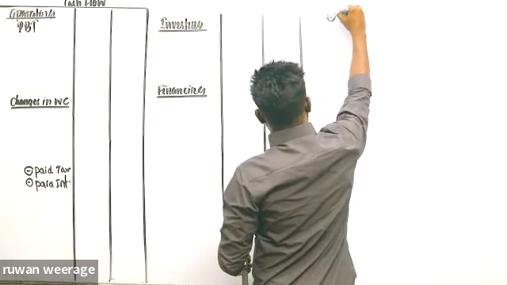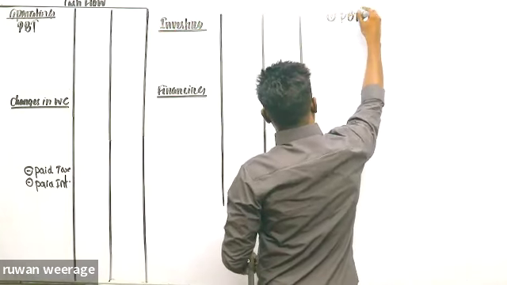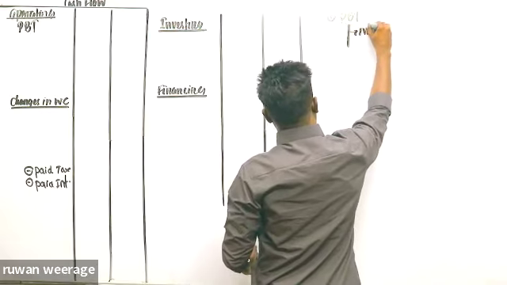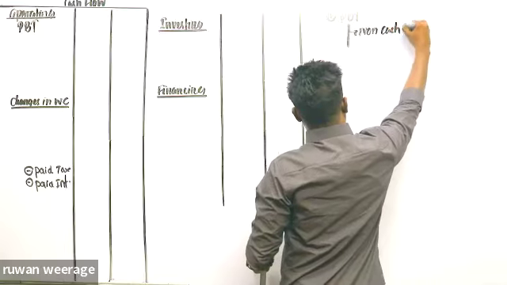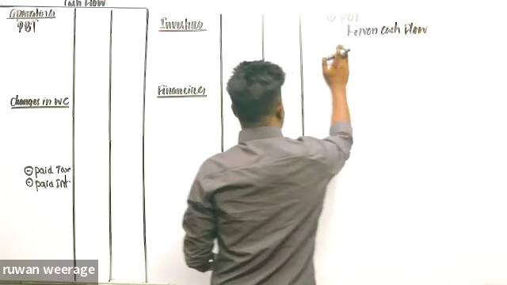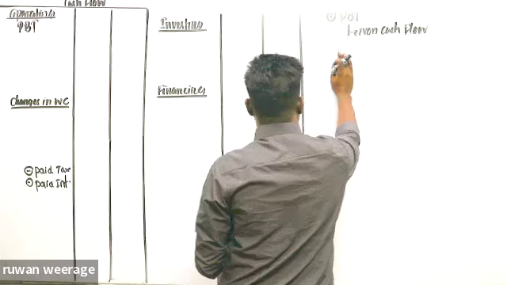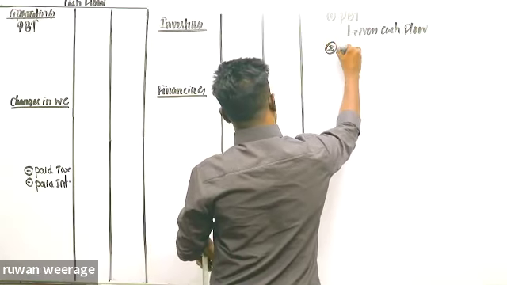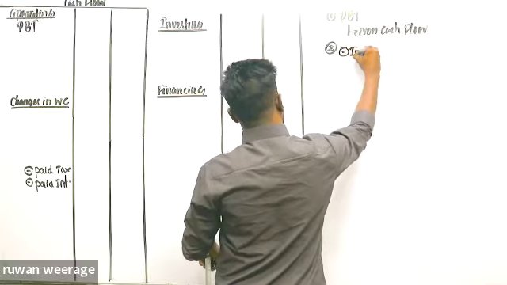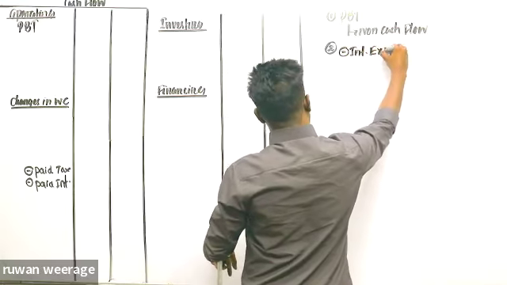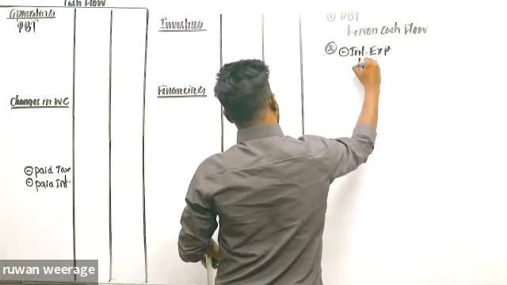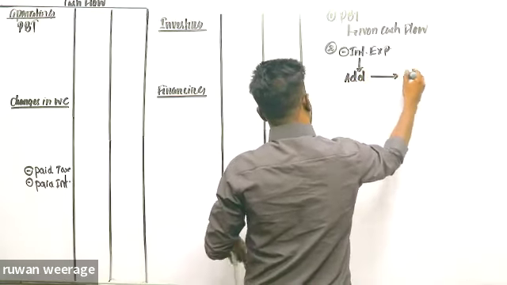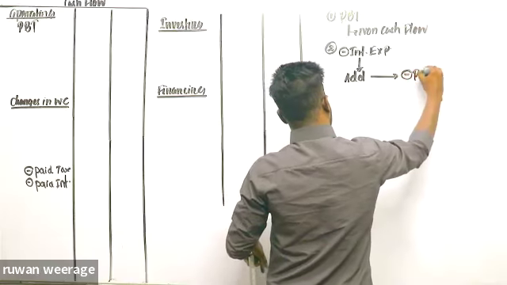So what are the steps to do the indirect method? First of all, you have to identify profit before tax and reverse non-cash flow items. Non-cash flow items you have to add back. Then second step, interest expense is already deducted, so to reverse it, add back, and record the paid interest.